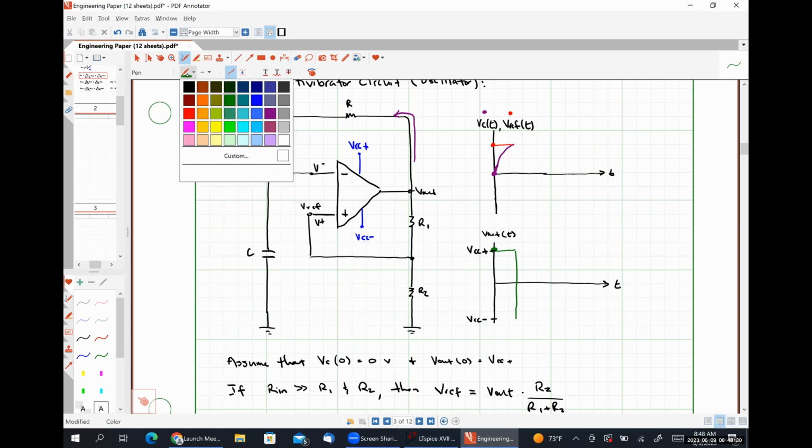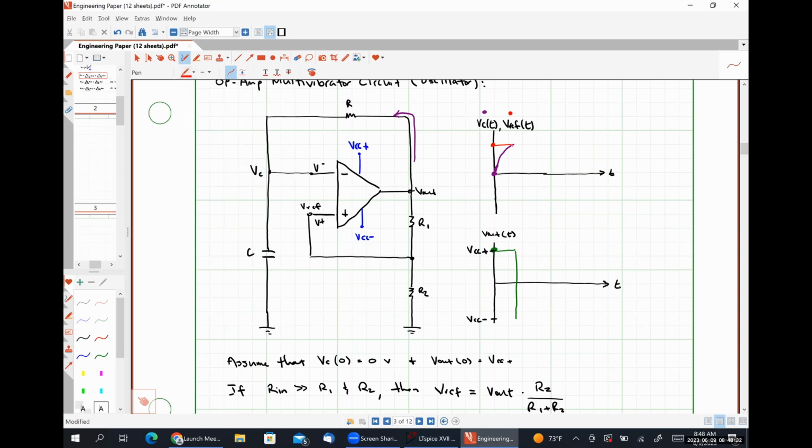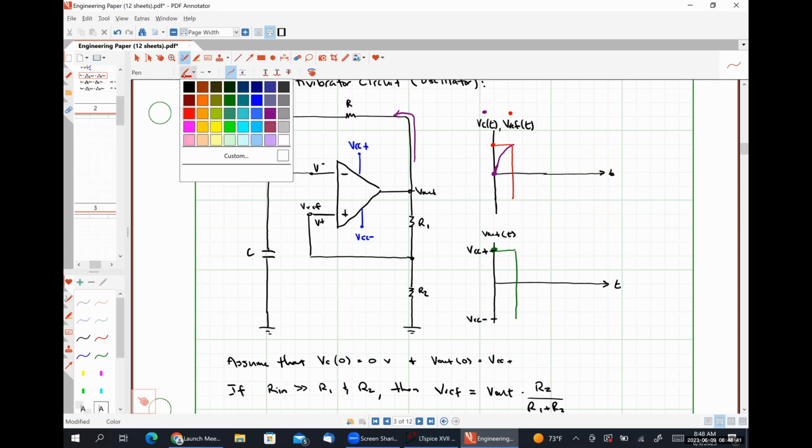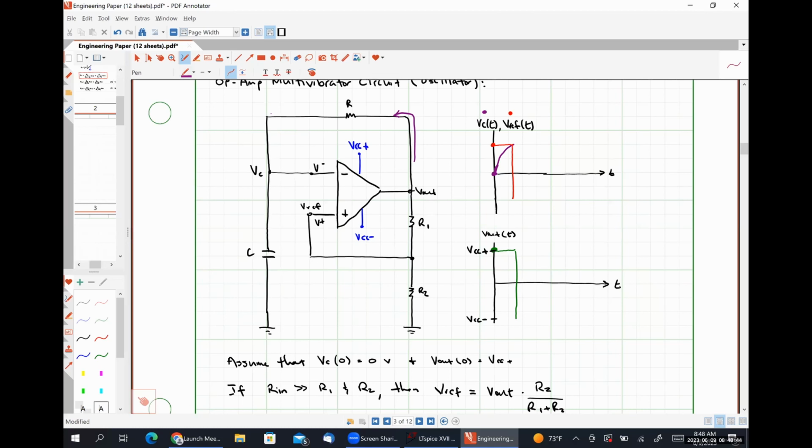When our output voltage swings negative, our reference voltage also has to swing negative because they're tied together with a voltage divider circuit. And now our capacitor is at a higher potential than V out. So our capacitor is going to start discharging through resistor R. And so we're going to see that it discharges over time, like so, dependent on that RC time constant.